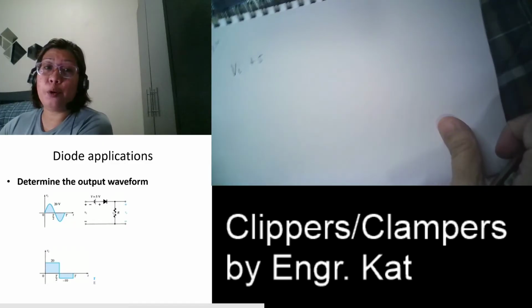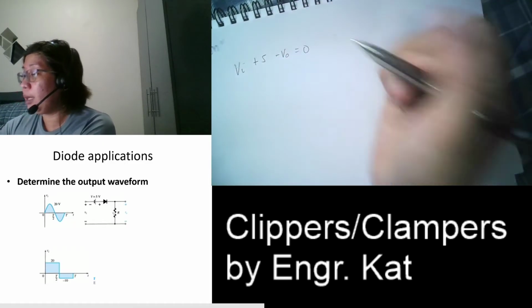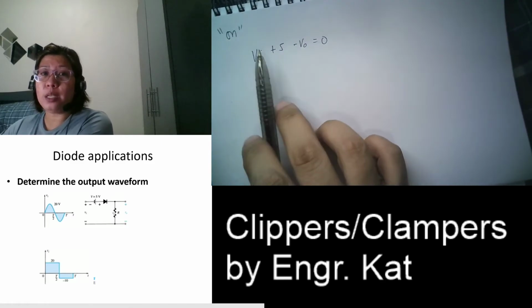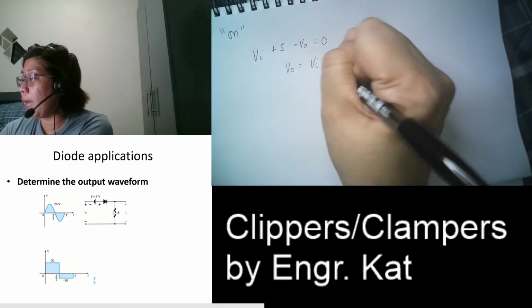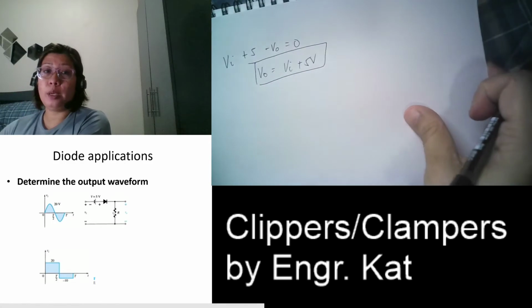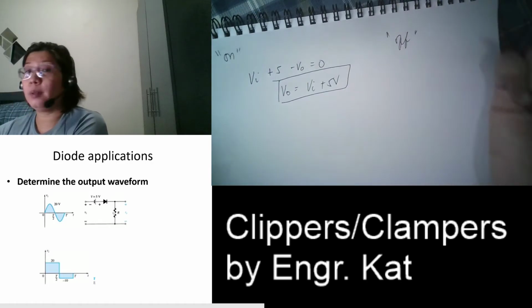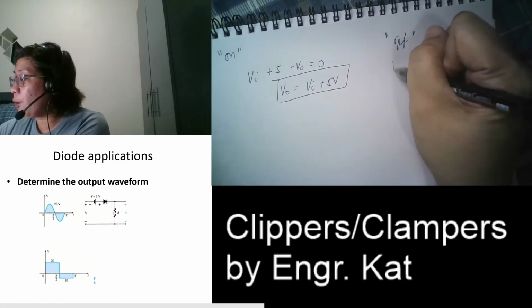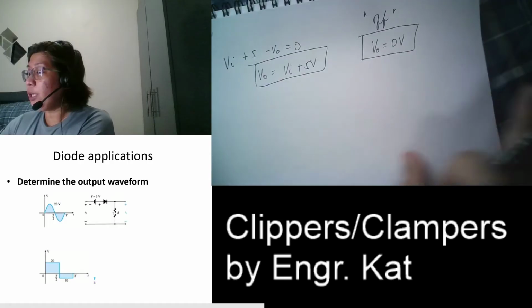This time we have your VO, so minus VO is equal to 0. So every time your diode is in the on state, your output voltage is always equal to VI plus 5. And every time that your diode is in the off state, since that is series, your VO is equal to 0.